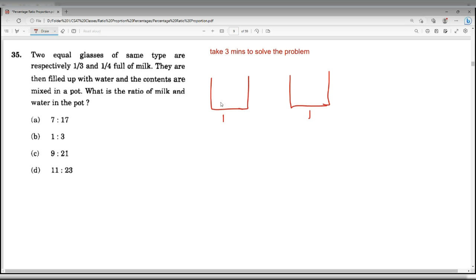So 1 liter is there. Initially 1/3 of this glass was filled with milk, and in the second glass, 1/4 was filled with milk. So we have milk and we have water. In glass 1, 1/3 was milk, and then water was added to fill this glass.